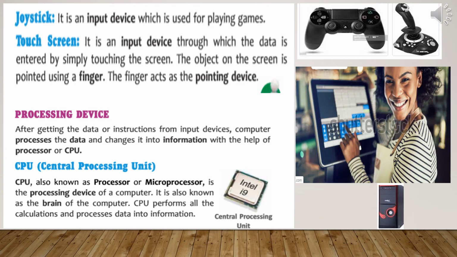I give you a simple example of your toy helicopters or electronic helicopters that you run or fly with the help of an object called remote control. These might have sticks on them. Wherever you roll the stick, in that direction it will fly. So this is the example of joystick that instructs the device what to do.